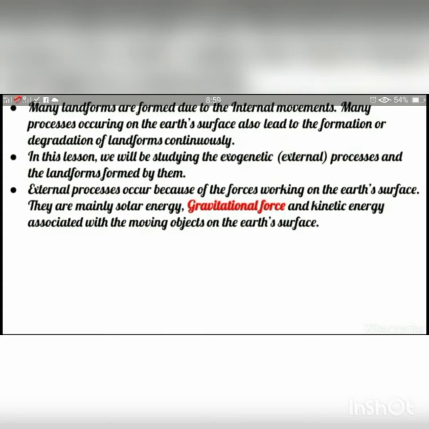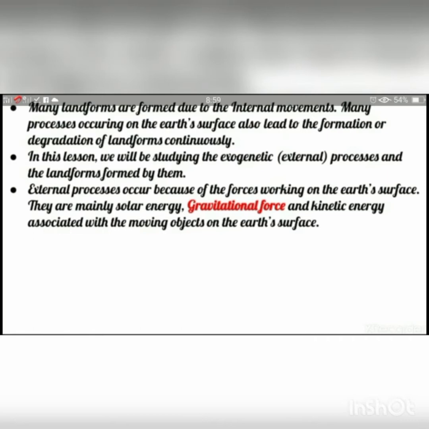In the external process, changes take place on the earth's surface. It may be because of solar energy or gravitational forces and kinetic energy that is generated with the moving objects on the earth's surface. Here we can take the example of wind erosion.